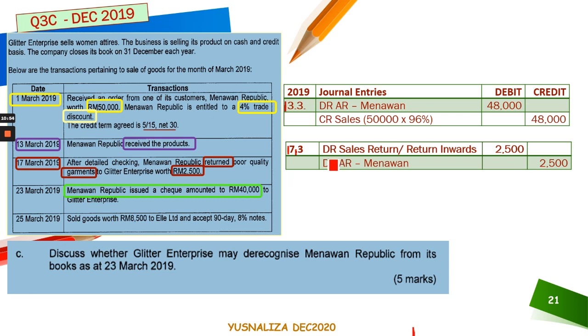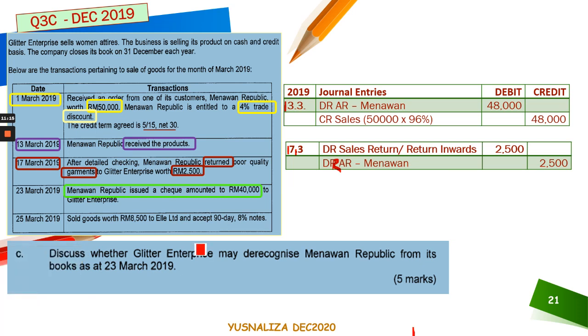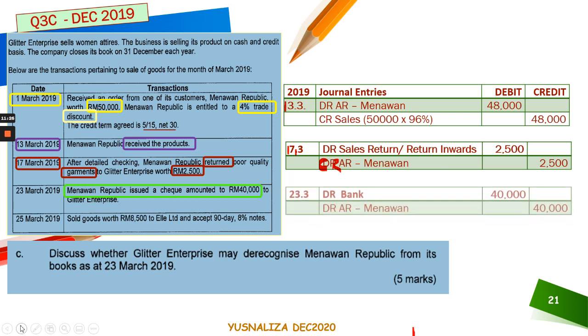This is just a typo, so it should be credit AR Menawan. Let me make a little correction there. This supposedly should be credit account receivable Menawan. Next, I was to record the sales return or return invoice.